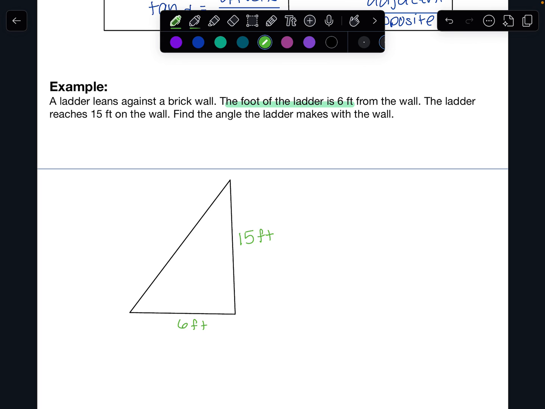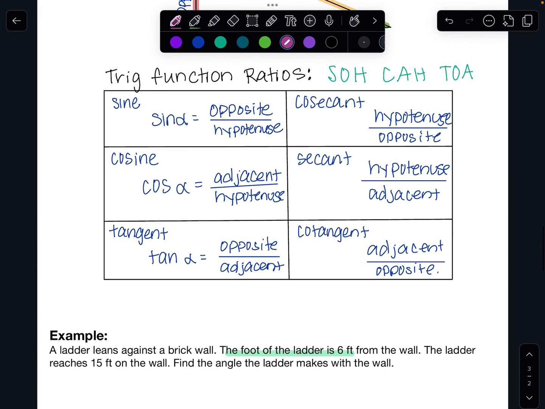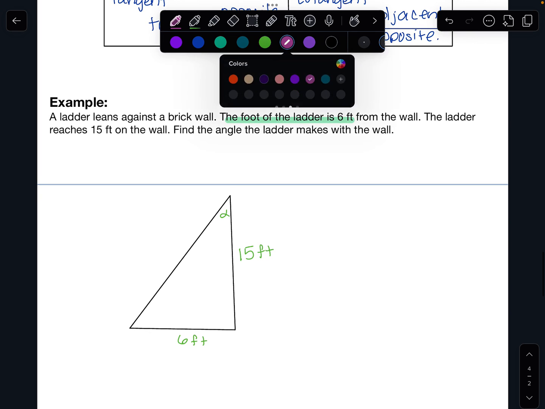And it wants us to find the angle the ladder makes with the wall. So it's going to be alpha there. So we know the adjacent and the opposite. So the best trig function to use here would be tangent.